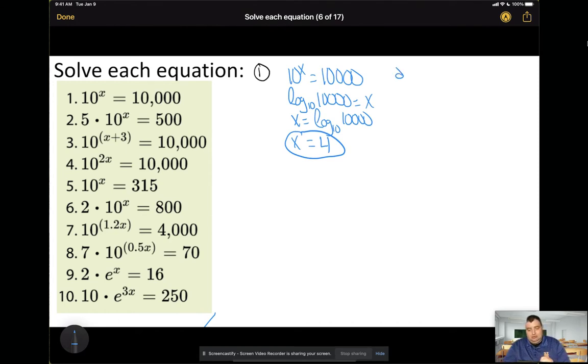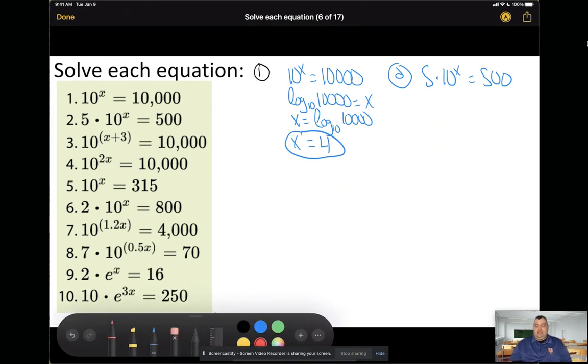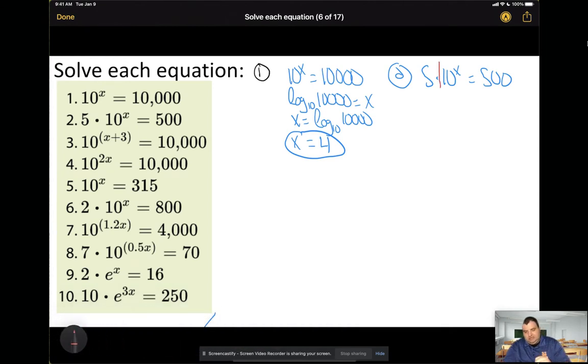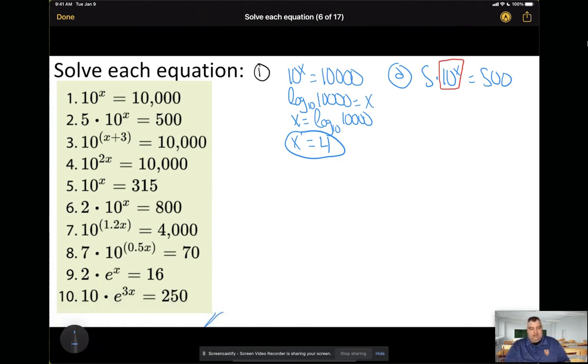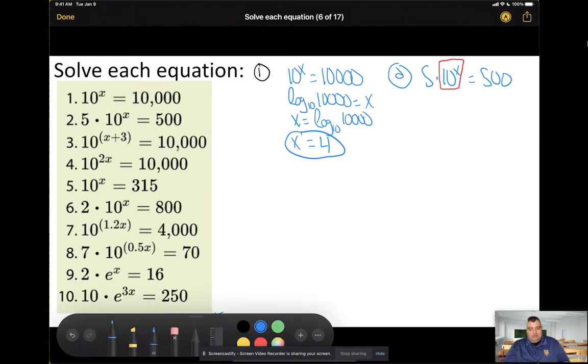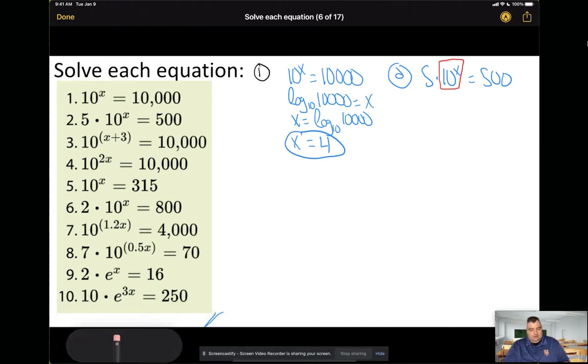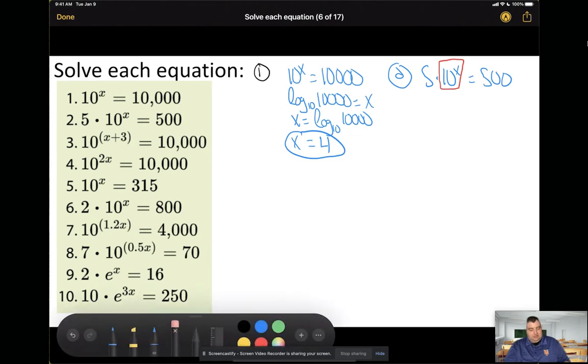Number 2, we have 5 times 10 to the power of x equals 500. Step 1 again is to isolate the term with the exponent. So I need to isolate this right here. In order to do that, I need to get rid of the 5. Well, how am I going to do that?